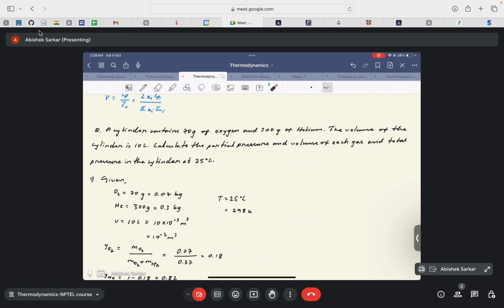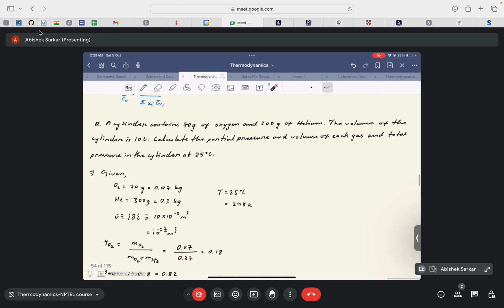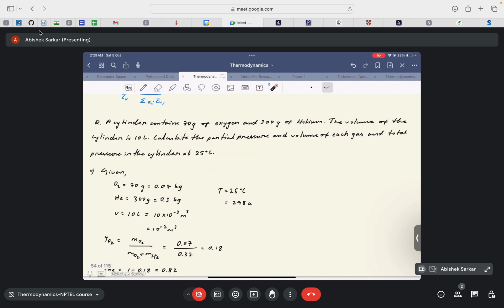Since there is the concept of partial pressure, and volume as well, we need to use Amagat's law as well as Dalton's law. It is given that the mass of oxygen is 70 gram or 0.07 kg, the mass of helium is 300 gram or 0.3 kg, and the volume of the container is 10 liter or 10 to the minus 2 meter cube.